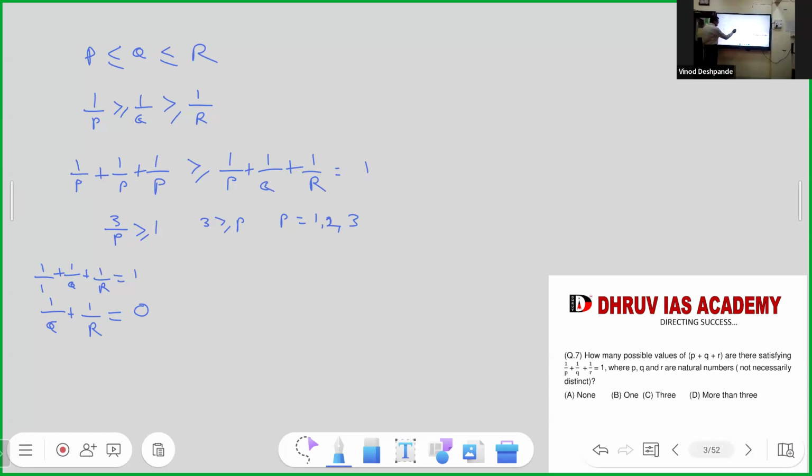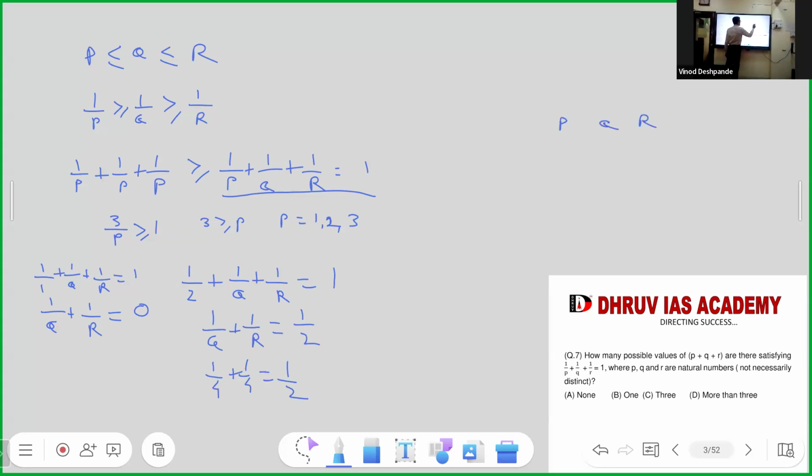So if you take P as 2 in this equation, 1 upon 2 plus 1 upon Q plus 1 upon R is equal to 1, which means 1 upon Q plus 1 upon R is equal to 1 by 2. So here if you take the values of Q and R as 4, 1 upon 4 plus 1 upon 4 gives us 1 half. That means one combination is 2, 4, 4. So we are getting one combination for PQR as 2, 4, 4.